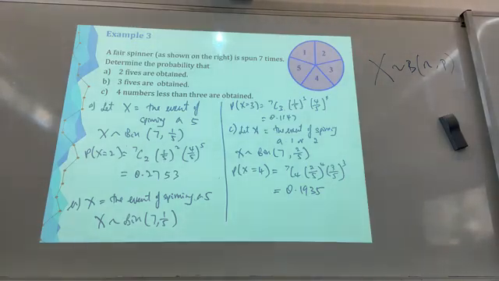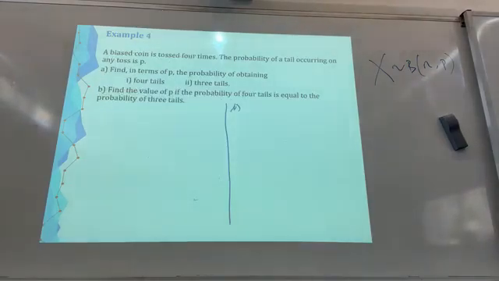I think this is the last example. A biased coin is tossed 4 times. So I know that n is 4. The probability of a tail occurring on any toss is p. We don't know what p is, but we do know that the probability of success is p. n is 4 and p is p.